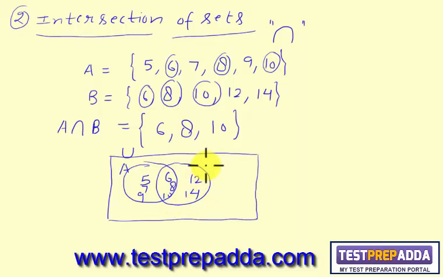This is B. So what will be A intersection B? The portion which is common. You can see the shaded portion.